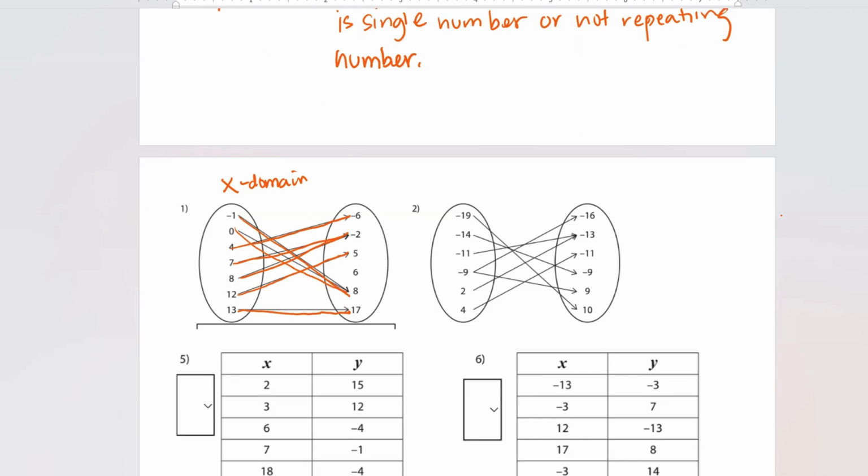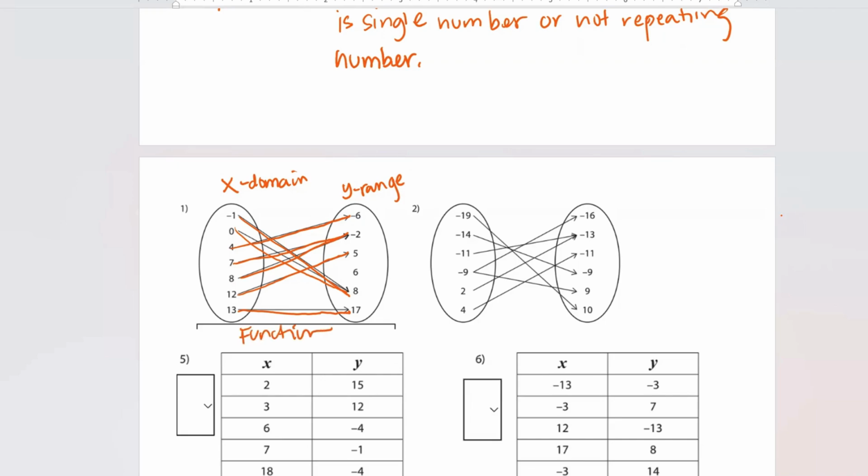This is your range, this is y. Again, we do not really care about your range. What we care about is the domain. If the value of x is single, or non-repeating, this is a function. So this is a function.